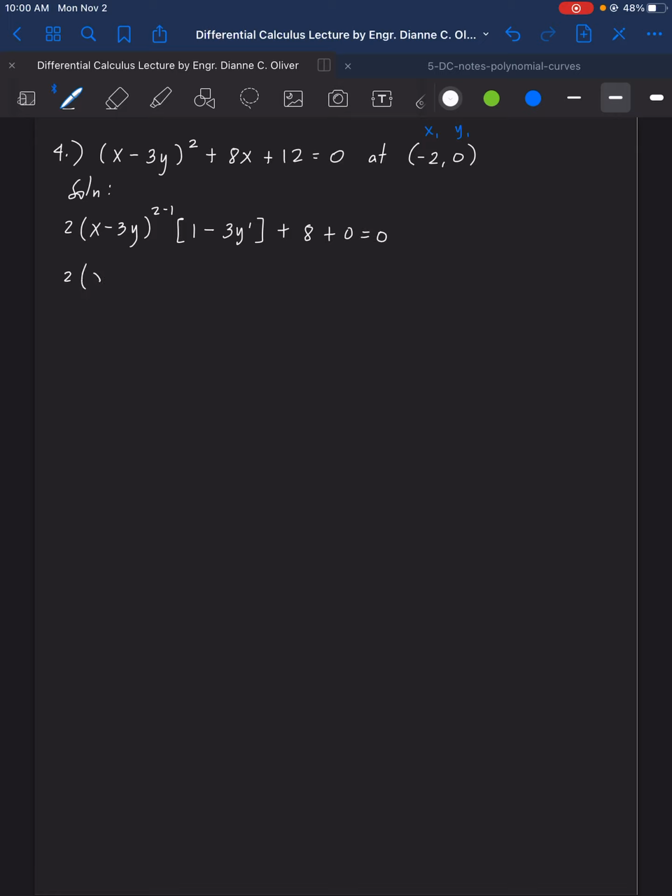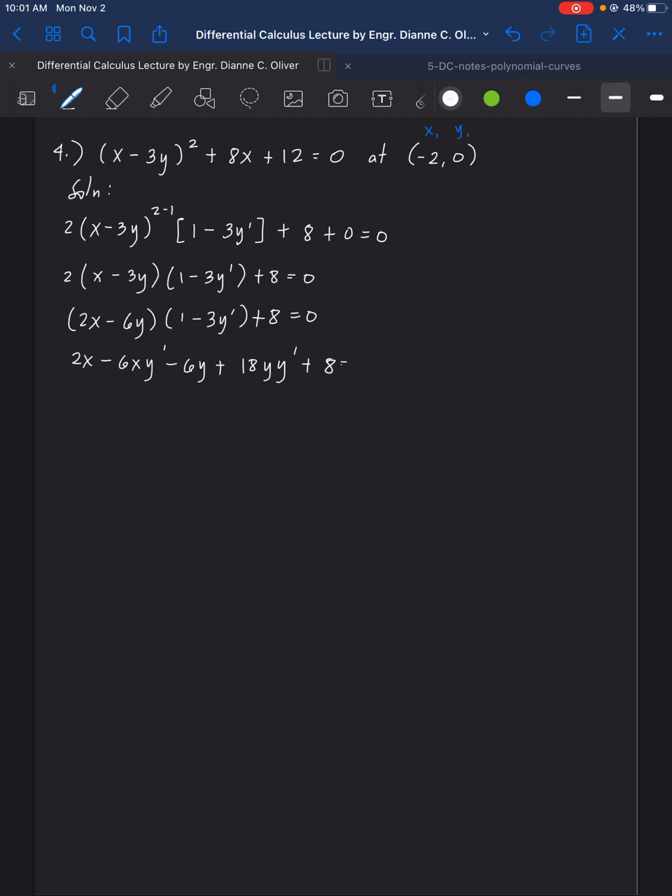So this is 2 times x minus 3y, times 1 minus 3y prime, plus 8. And we have 2 times x minus 3y, 1 minus 3y prime, plus 8. Then distribute, we have 2x minus 6xy prime minus 6y plus 18yy prime plus 8 is equal to 0.